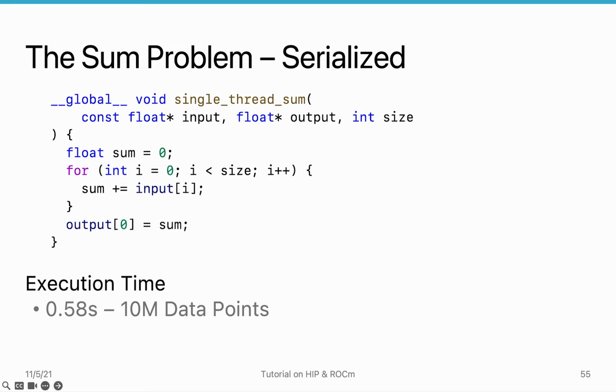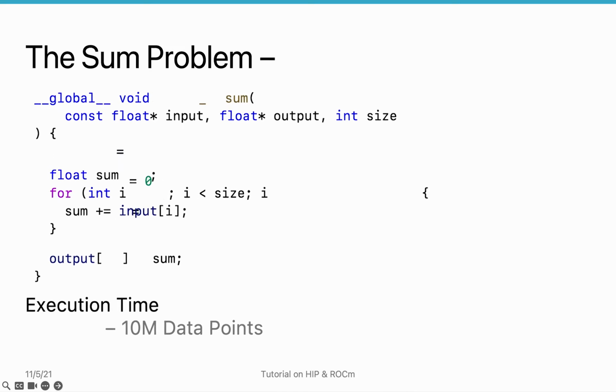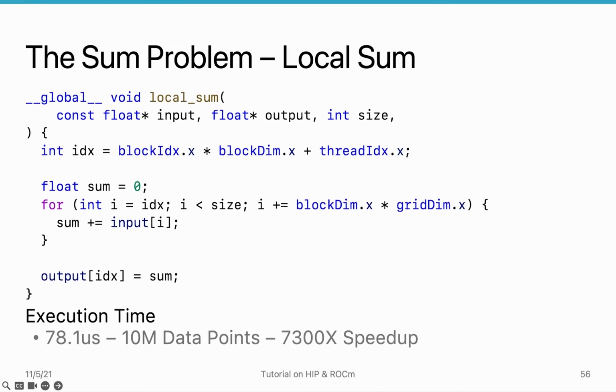Considering the fixed size of the kernel, you may come up with a solution where we have local sums, right? So we may have each thread calculate the sum of a subset of the array. In this case, if we still have 10 million data points, we can finish the whole kernel in 78.1 microseconds, which is a 7,300 times speedup.